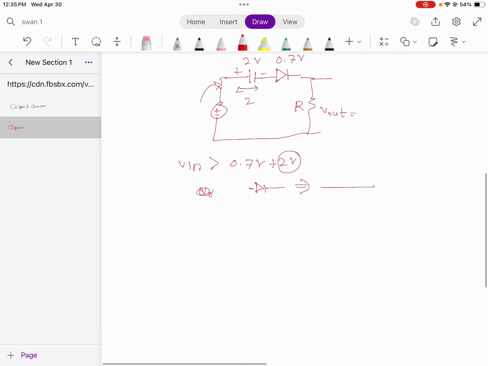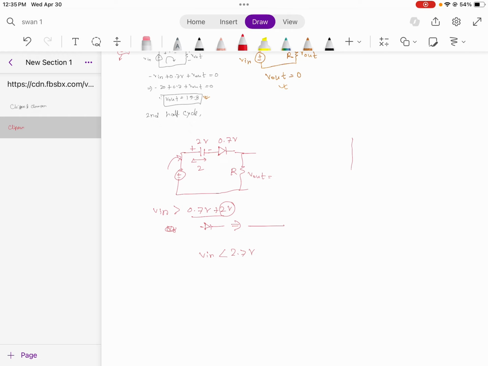But whenever the voltage is less than 2.7 volt, our diode will not work. For our input, we are keeping the input the same for proper understanding: a 20 volt input and a minus 20 volt. For the first positive cycle, if our voltage is not greater than 2.7, this will not work.